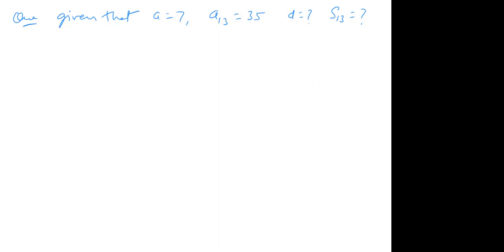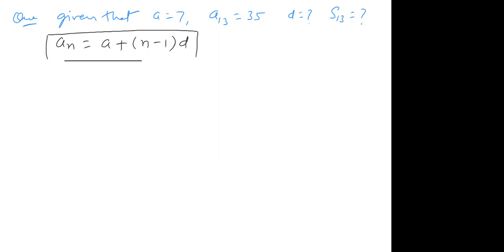So the formula for an, nth term, is a plus (n minus 1) into d. d represents the common difference that is not known. a represents the first term.